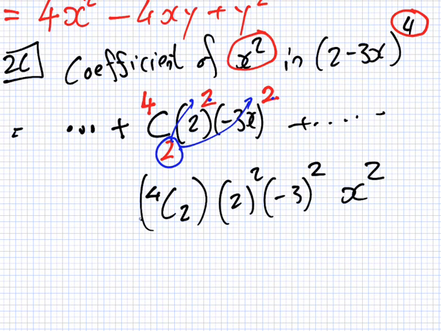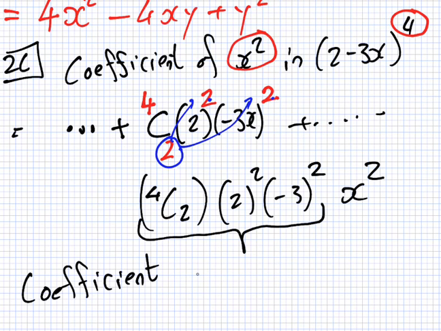So I'd like to know what this piece here is. 216? 216. So the coefficient of x squared is 216. So no need to expand fully. We were able to get the exact piece we want.